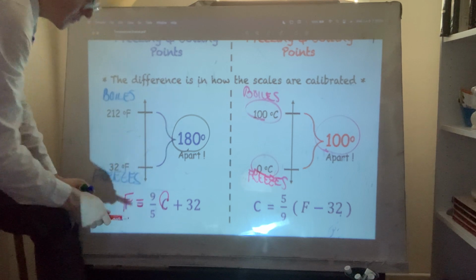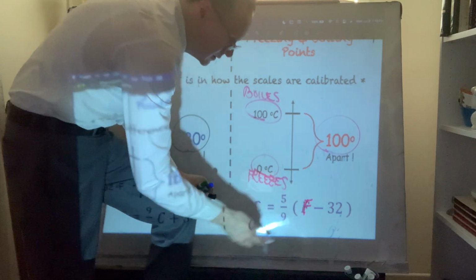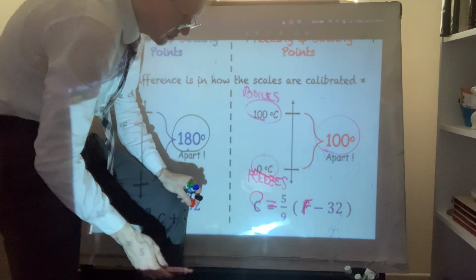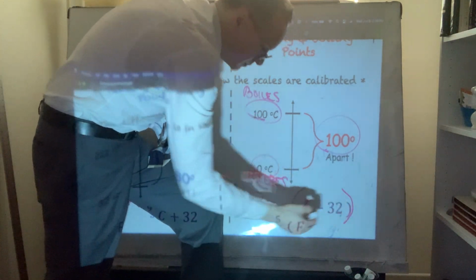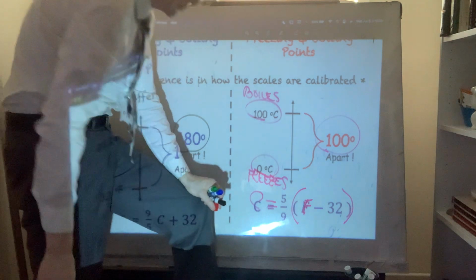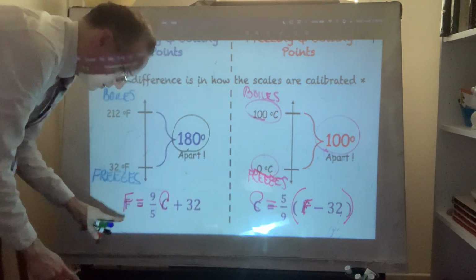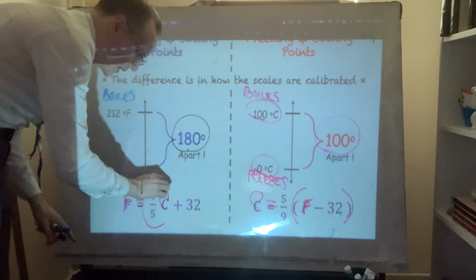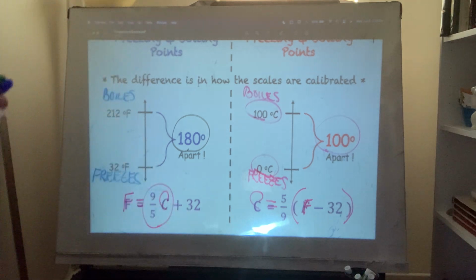If, on the other hand, you were given the Fahrenheit temperature, you would use this formula to calculate the Celsius equivalent. Notice that there is a parentheses here, which means you would have to do the subtraction first. In the case of this formula, there is no parentheses. It's not a typo, which means you really would have to do this multiplication before you add.